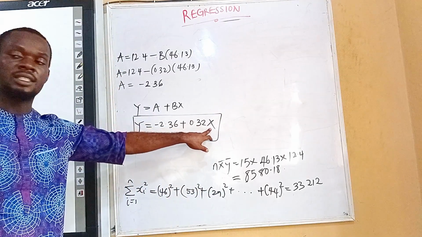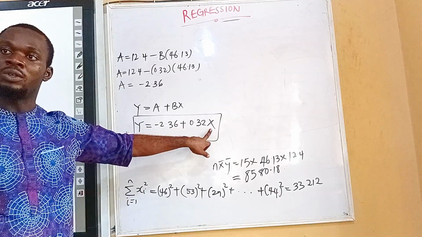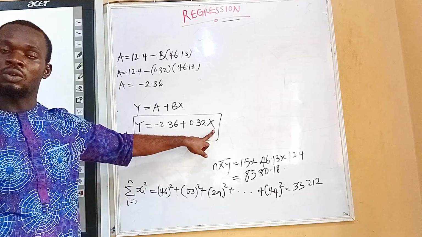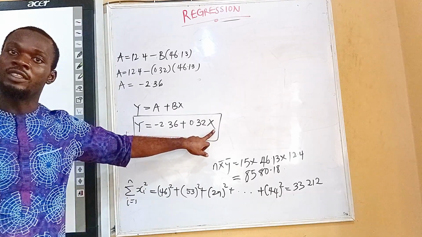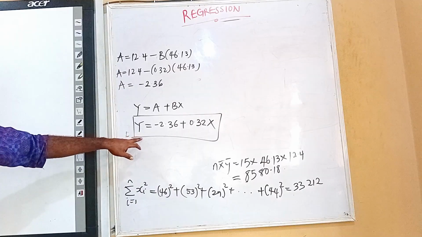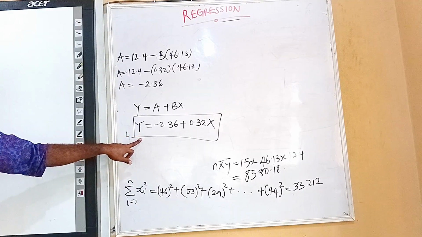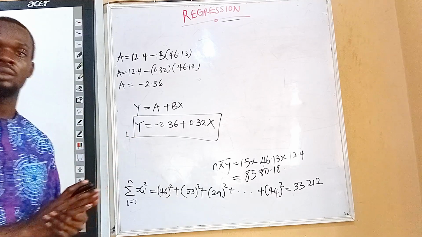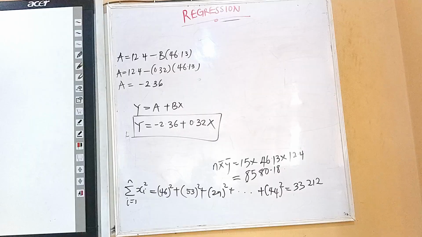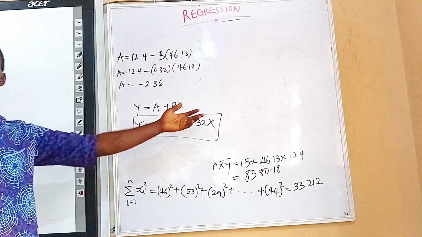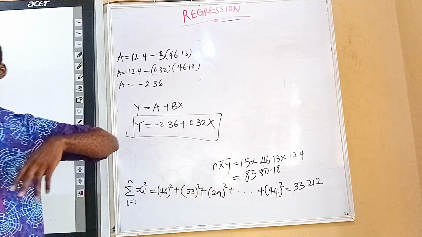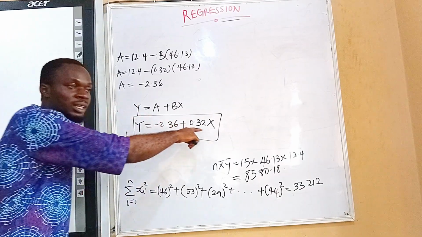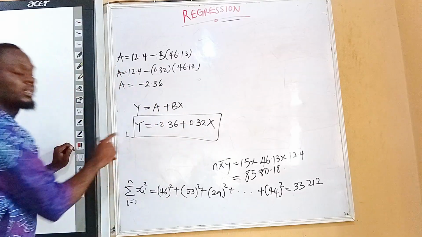So x is the independent variable, which is the relative humidity. For any value of x, it will give you an idea of what the moisture of the material will be. That's what regression is about. They can ask you what the moisture content is at a given relative humidity. Once you plug it in, you can pick any value of x from the table to give you the corresponding value of y.